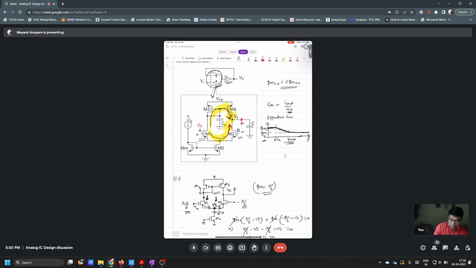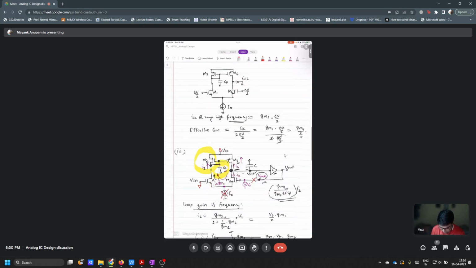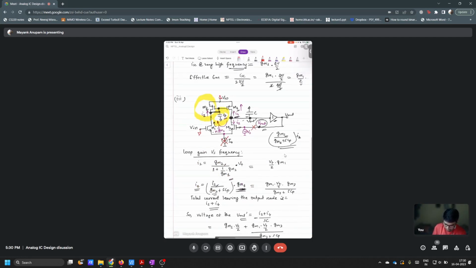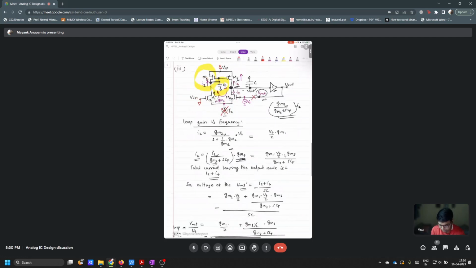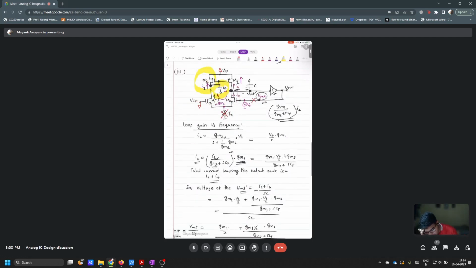Yes, sir. One doubt. For the expression of I2, I2 is GM2 by 1 plus 1 by GM1. That is source degeneration, right? So what about the impedances looking into the source and drain of M3?